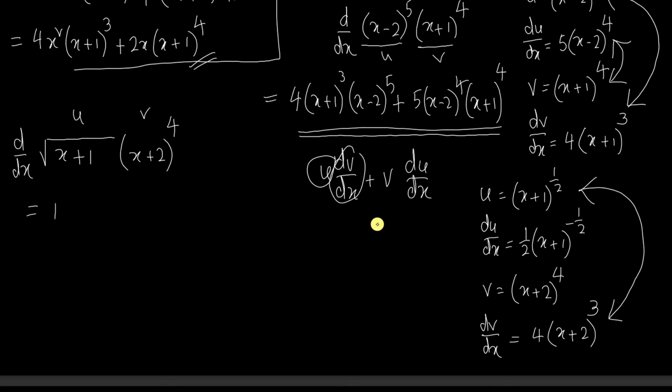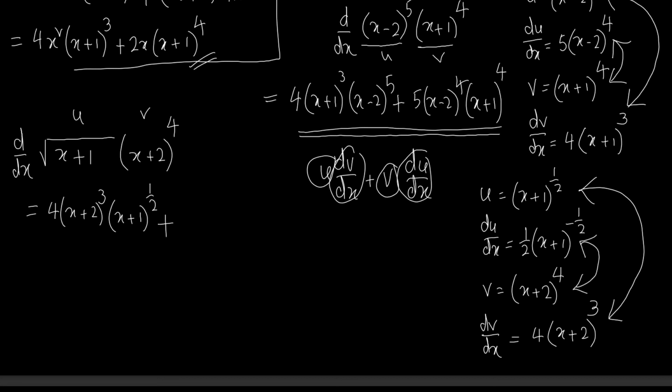So you can write 4 into x plus 2 to the power 3, then the part x plus 1 to the power half, then next part plus the formula v into du by dx. We got this one, v into du by dx.